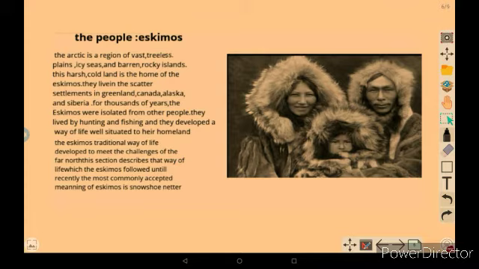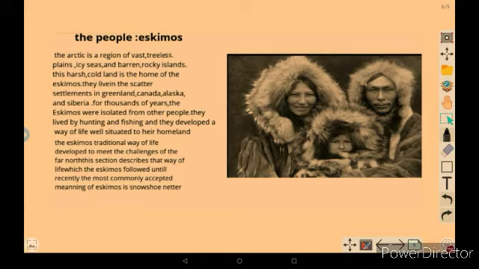So let's get to the next one. First, the commonly accepted meaning of Eskimos. What is the meaning of the word Eskimos? The meaning of the word Eskimos is snowshoe netter. I will repeat it again.